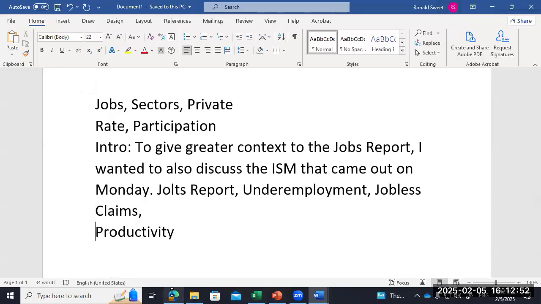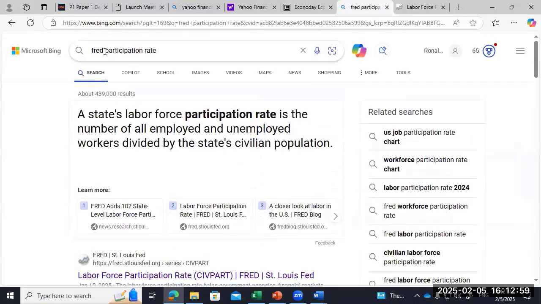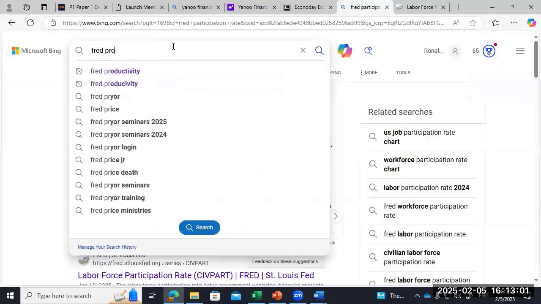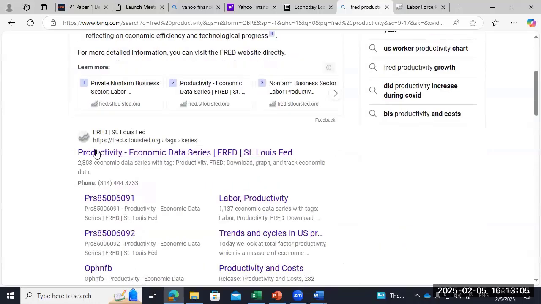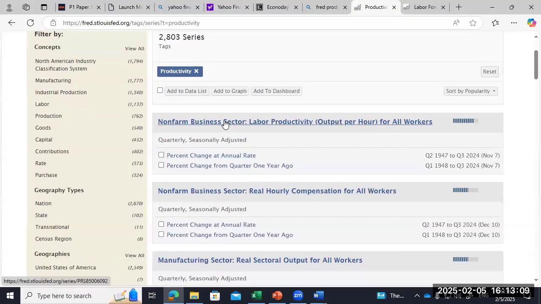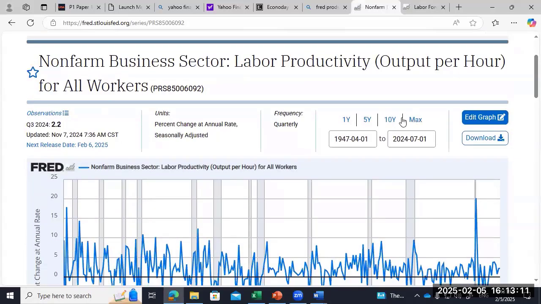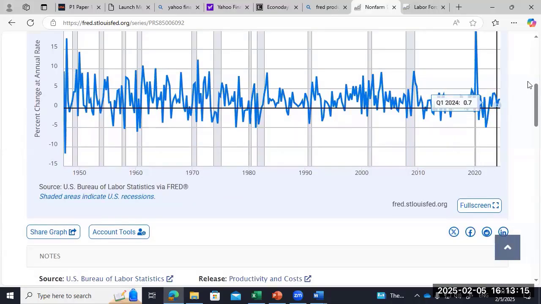Well, first let's look at it, because it's been so horrible for so long, but I think we've actually had a decent comeback on it here recently. A little bit of a comeback here recently, but that's productivity.